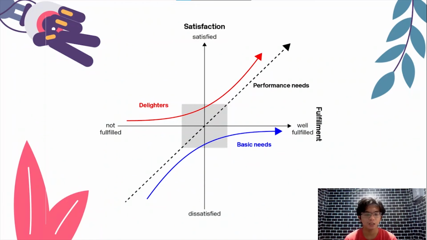And lastly, the excitement quality, or in other words, the delighters. As I said before, when this quality is absent, it will not dissatisfy the customer, because in the first place it was not really part of the product you are buying. It is just a way for sellers to get the product sold and to gain a much higher satisfaction rate from customers.